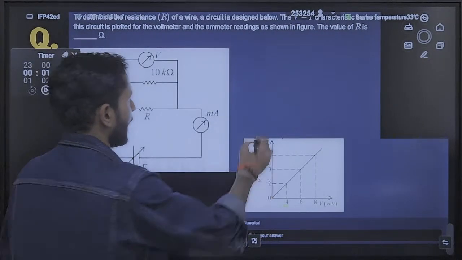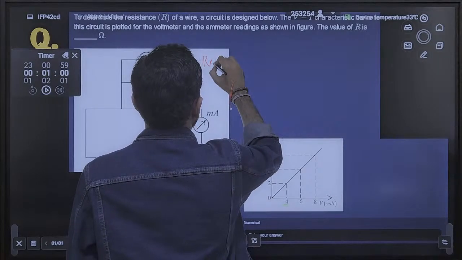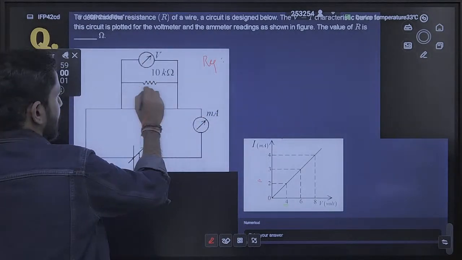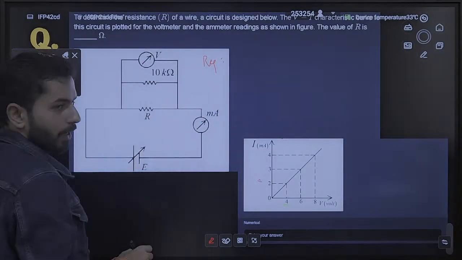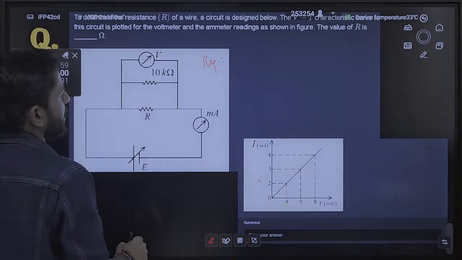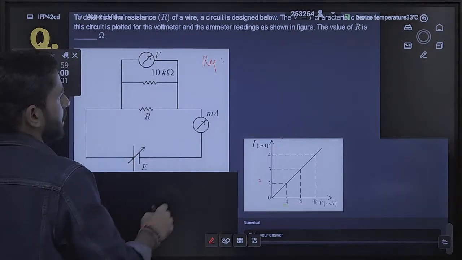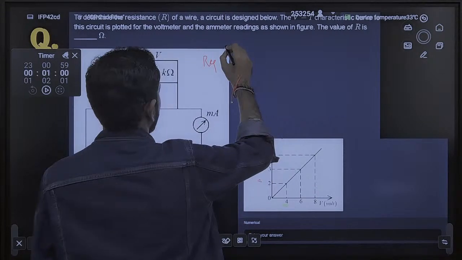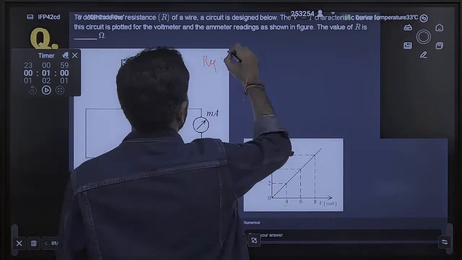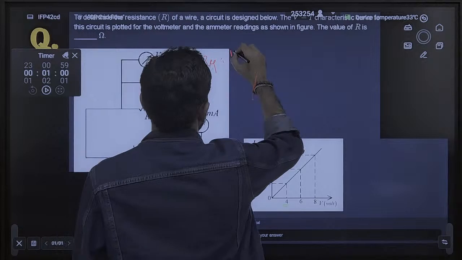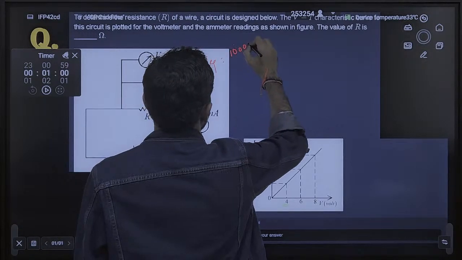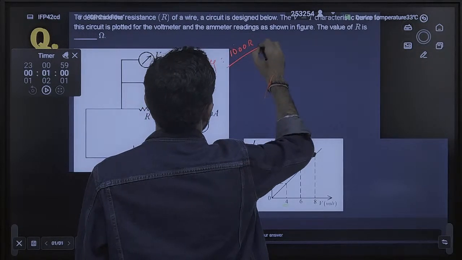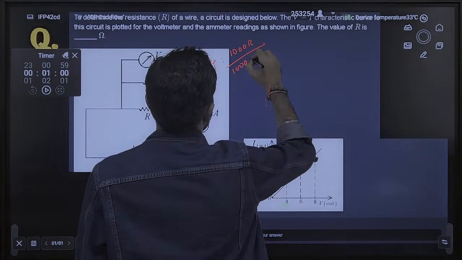What is the R equivalent? Two resistors are connected and both are in parallel combination. That means R equivalent can be said as R1 into R2 divided by R1 plus R2. It can be said as 10,000 divided by 1000.